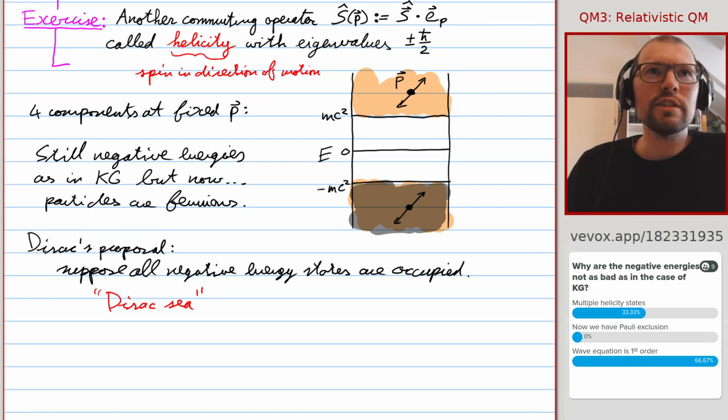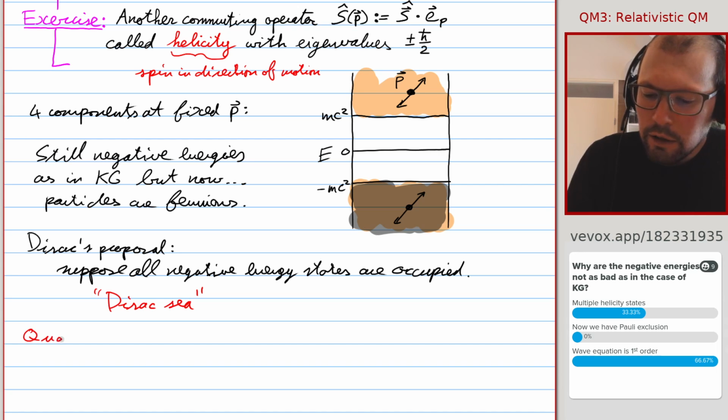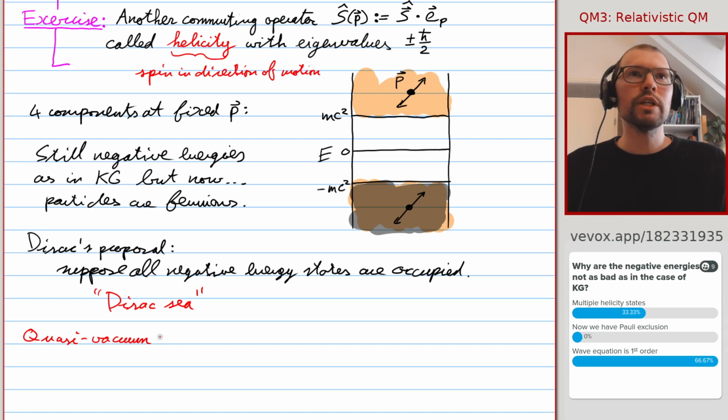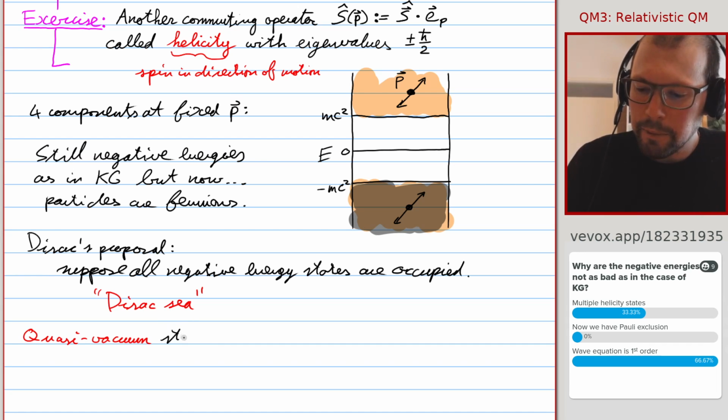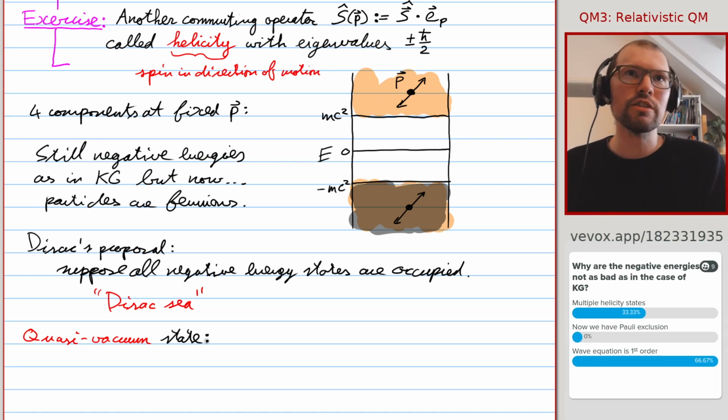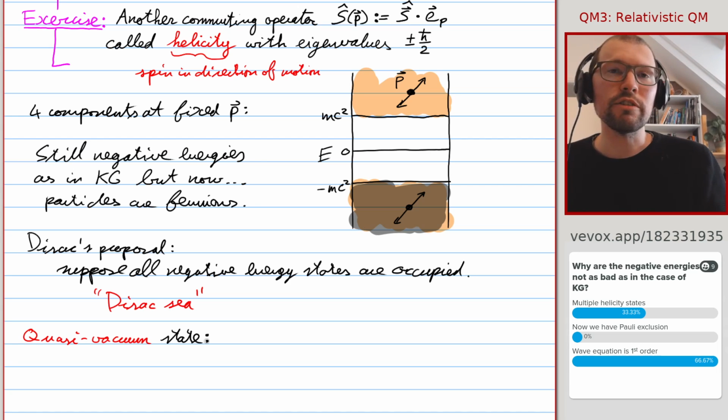Rephrasing this in the terminology that you have encountered in the first part of the course, we're viewing the vacuum that we see not as the real vacuum of the Dirac equation, which would correspond to having no particles anywhere, also not at negative energy states. Instead, we view our vacuum as a quasi-vacuum state, meaning that the excitations we have are excitations on top of this Dirac Sea.